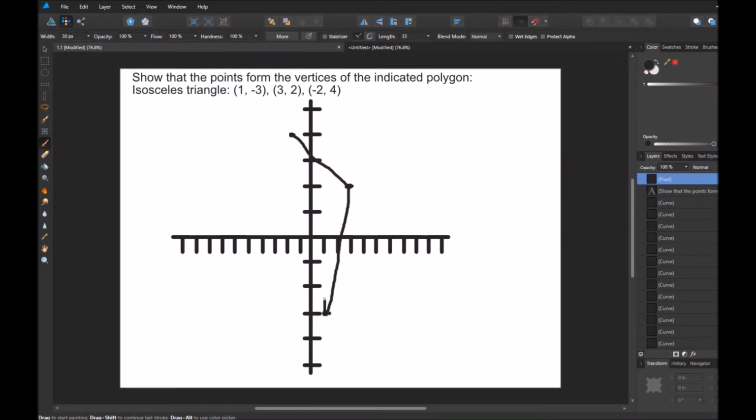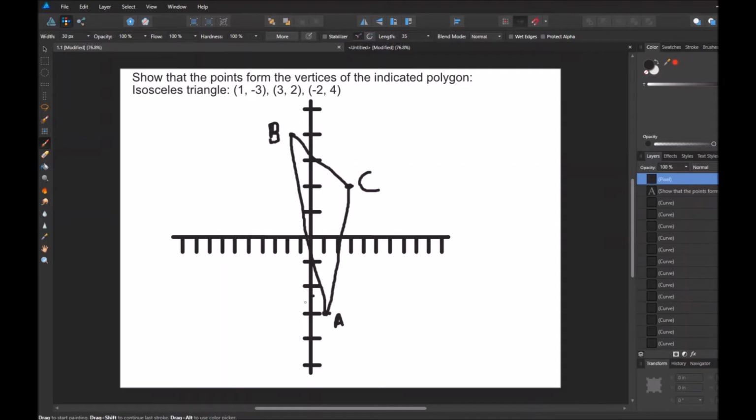Hold on, let me draw this nicer. Alright, whatever. So let's call this point A, this point B, and this point C. So because it's an isosceles triangle, the lengths of two sides of the triangle have to be equal, meaning the distance between two of these points has to be equal.